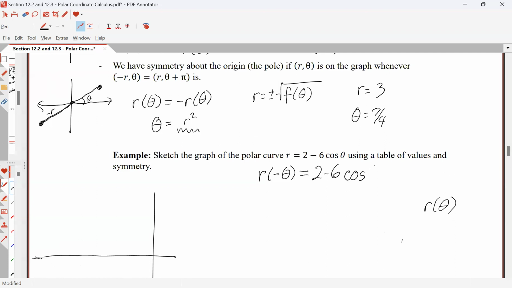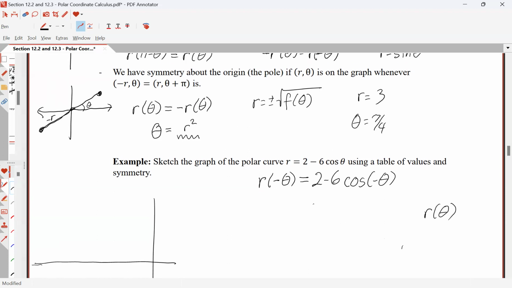So r of negative theta, we put a negative in for theta. Cosine is an even function. That means that cosine of negative theta is the same as cosine theta. And sure enough, that is the original function we started with. So r of negative theta equals r of theta.